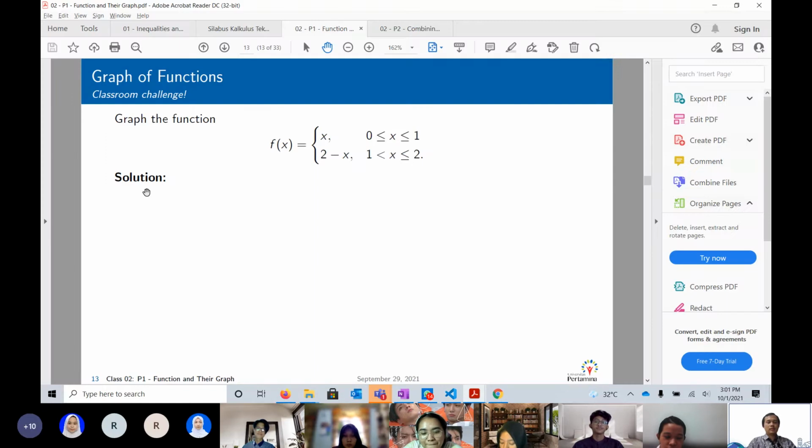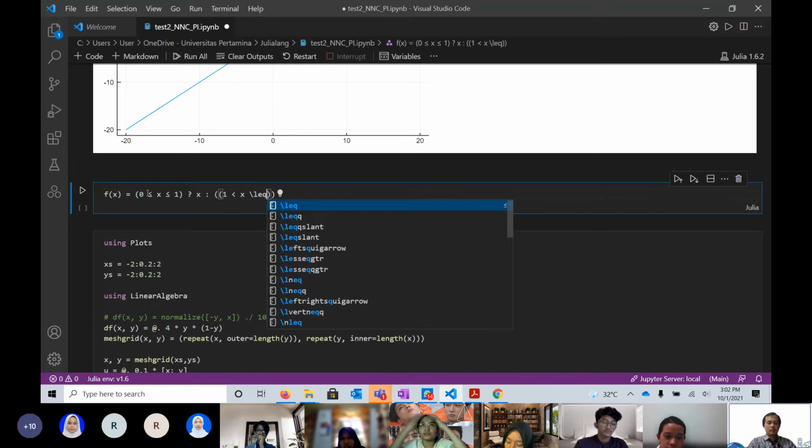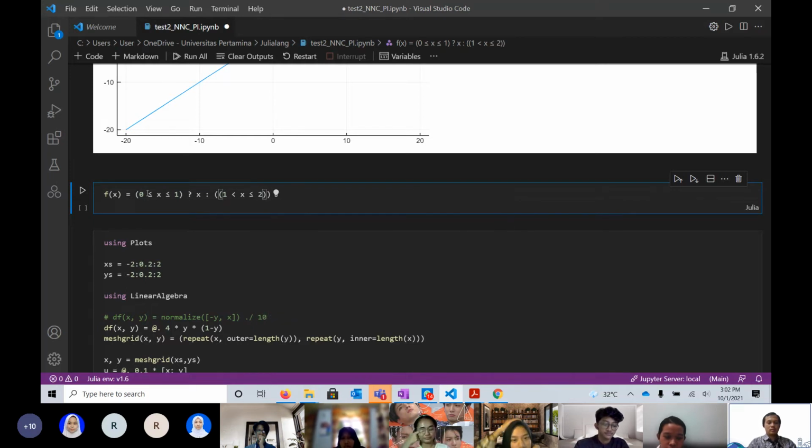Otherwise, we check again if x is between 1 and 2, then 2 minus x. If not, then let's say 0.